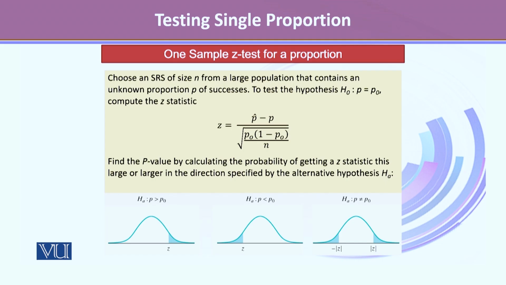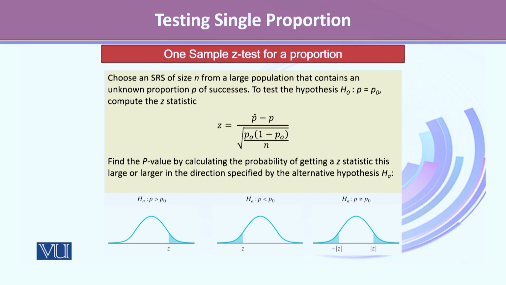For the null hypothesis of equality of the proportion to the stated null value, p naught, the alternative hypothesis could be p greater than p naught, which makes our test single-tailed, a right-tailed test.